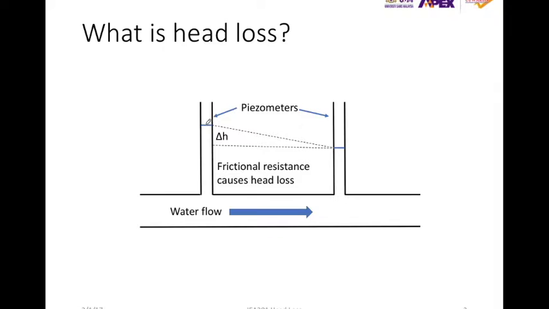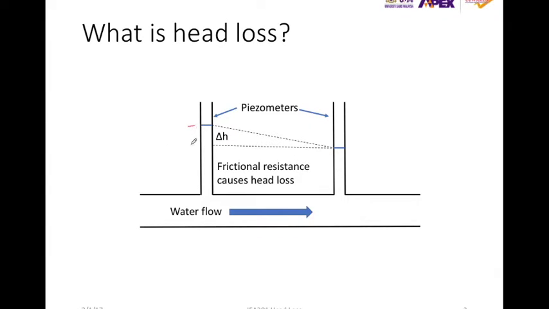As you can see, there is a difference in heights of the two levels due to the changes in pressure of the water from this point to this point. Now, the change in the height is what we call head loss. The unit of this head loss is simply distance.